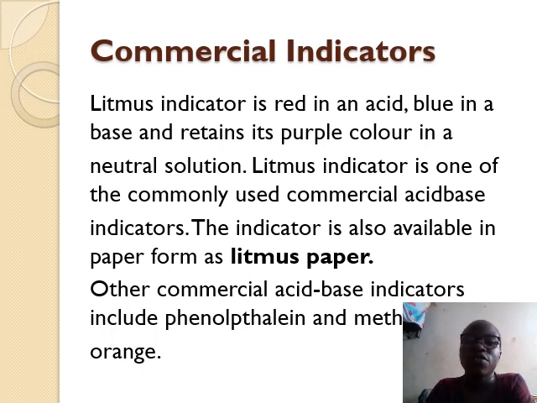So we learned that neutral solutions have no effect on an indicator. Litmus indicator is one of the commonly used commercial acid-base indicators. The indicator is also available in paper form as litmus paper.